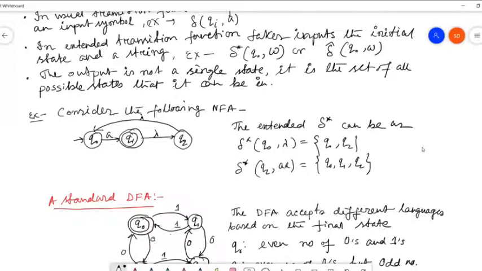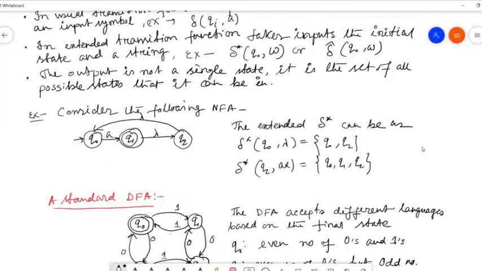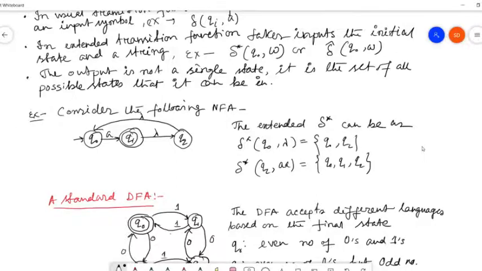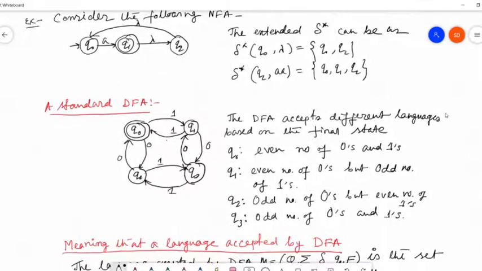I already told you that all the possible states will be generated. So here for Q1 there is only a transition from Q1 to Q2, so Q2 is included, and from Q2 to Q0, so Q0 is included here. For the input symbol A, it will include all the three states. So this is the extended transition function.